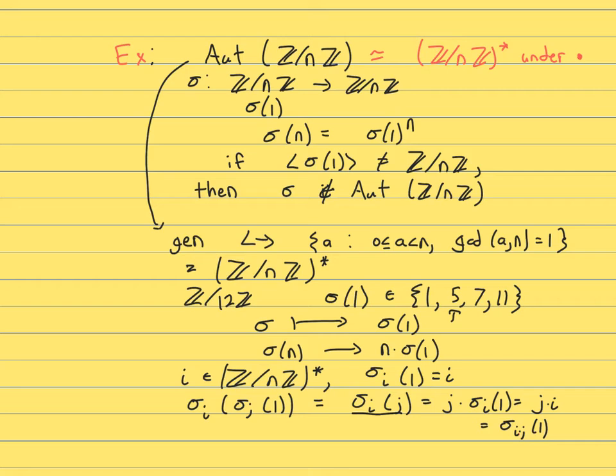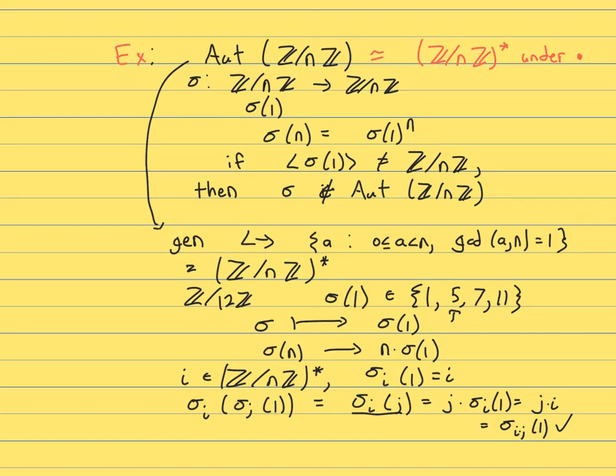And you can prove that when i and j are coprime to n, their product is also coprime to n, modulo n. So here I'm working with modular arithmetic. And so you do in fact get the group homomorphism property. So not only does this map exist, but it preserves the multiplication. It sends composition of automorphisms to multiplication of integers coprime to n.